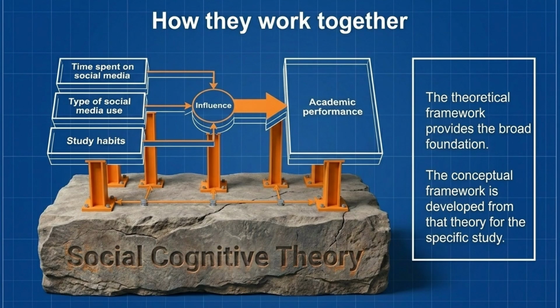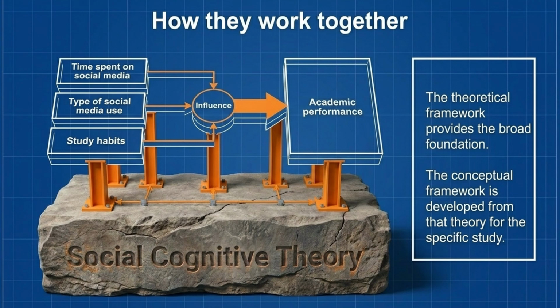Now the question arises, how do these two frameworks work together? From our example, we can see that the study is grounded in social cognitive theory, which provides the theoretical basis for understanding students' behavior and learning. Using this theory, along with evidence from previous studies, the researcher identifies important variables such as time spent on social media, type of social media use and study habits.